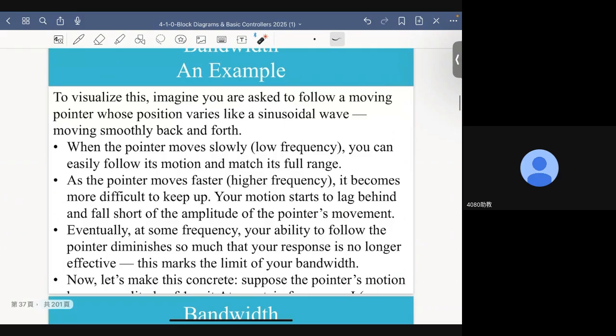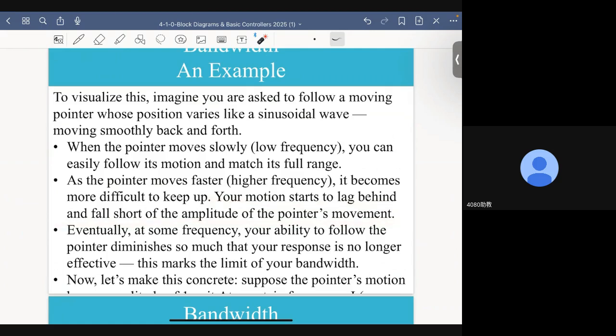But as the pointer moves faster, that is, when it operates at higher frequency, it becomes more difficult to keep up, right? Because there is a limit on my moving speed. Your motion starts to lag behind and fall short of the amplitude of the pointer's movement.